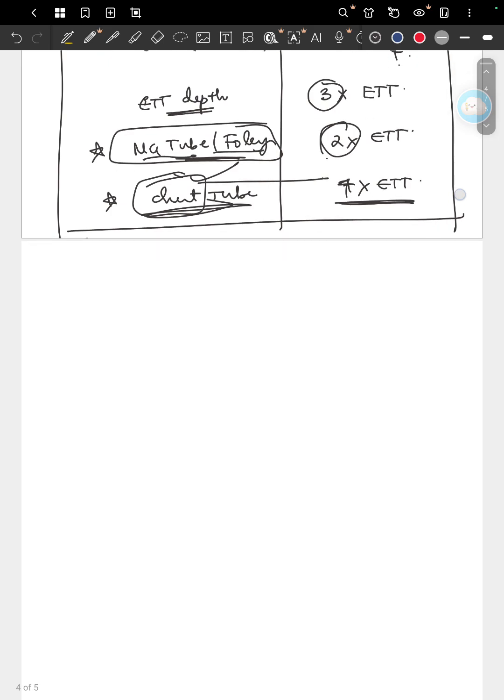Now coming to the next part, we'll be talking about positions during surgery which are related to anesthesia. We have a few positions, like sniffing position. So first one is sniffing position, where the patient will be like this. His neck will be like this.